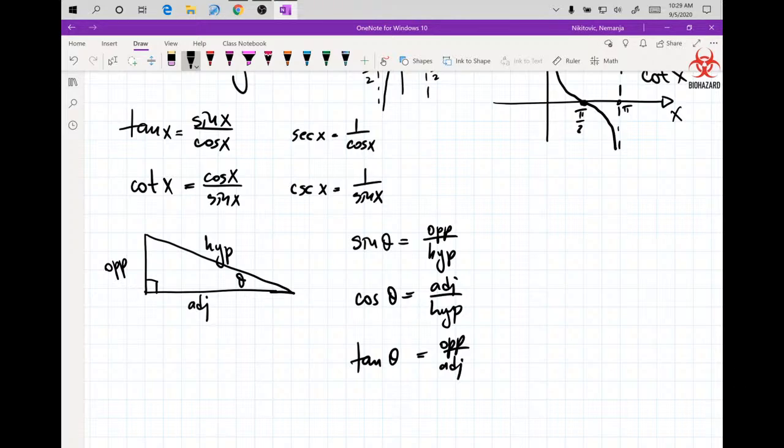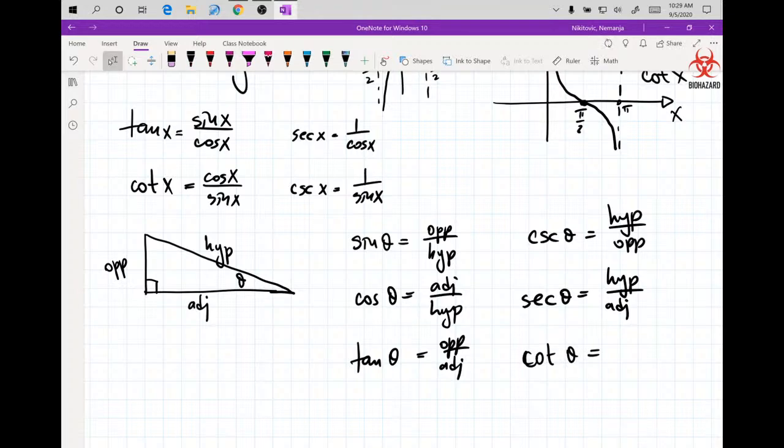Then you know that the cosecant is 1 over sine. So if cosecant is 1 over sine, that must be hypotenuse over opposite. Secant, 1 over cosine, has to be hypotenuse over adjacent. And cotangent theta must be adjacent over opposite.